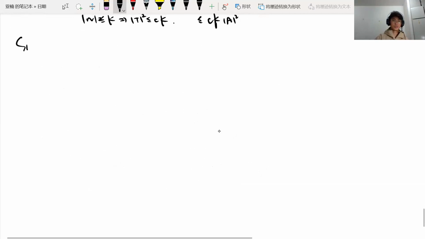formally, the first step, we give the auxiliary function defined by, alpha is a constant determined later.